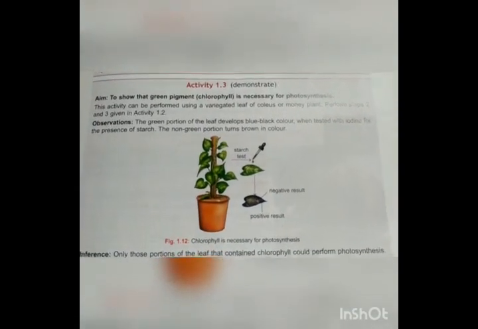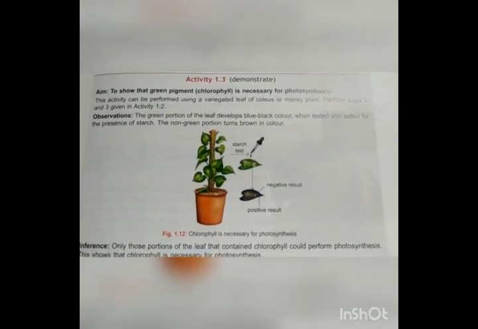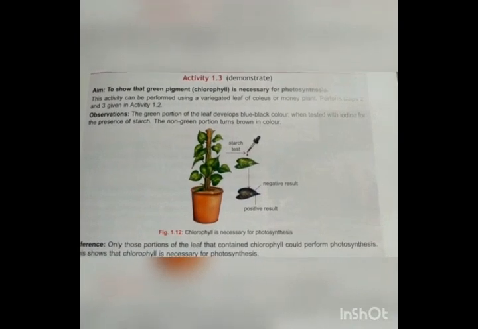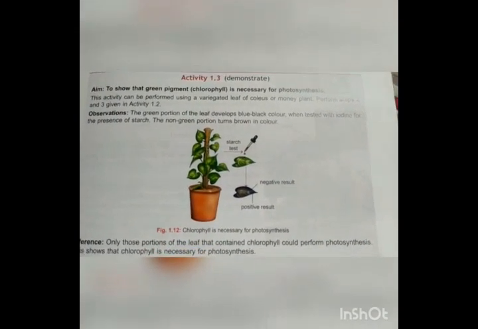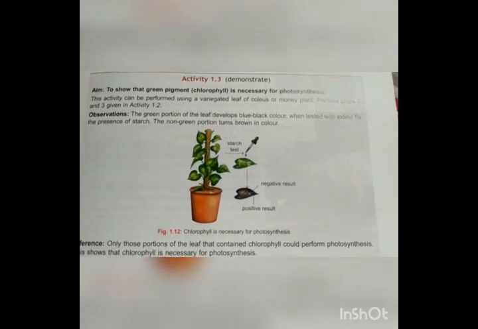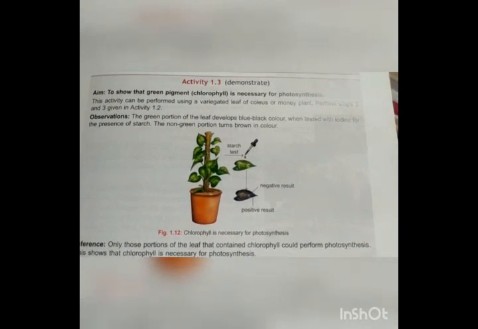In the same way, there is one more activity to show that the green pigment, chlorophyll, is also necessary for photosynthesis. In this activity we take a plant having variegated leaves.